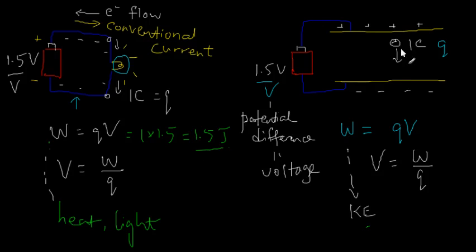In contrast, if I have a charged object of 1 coulomb between parallel plates accelerating from one plate to the other, no light and heat would be produced. Instead, the work done would go to increasing the kinetic energy, which in this example is also 1 times 1.5 joules. Right? So kinetic energy is 1.5 joules here, whereas here the heat plus light energy is the 1.5 joules.